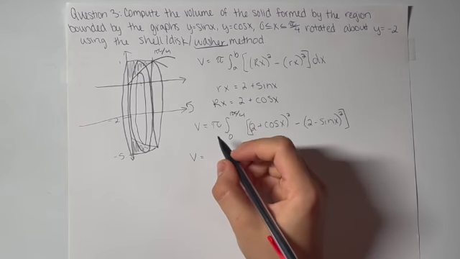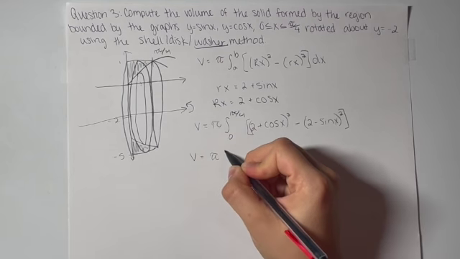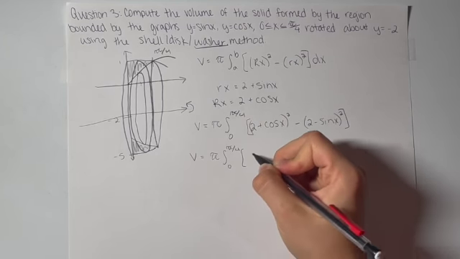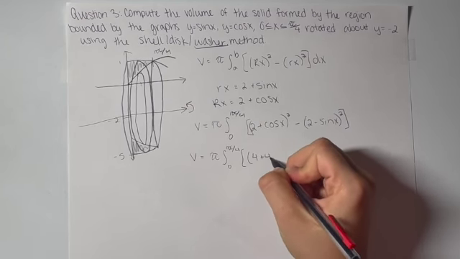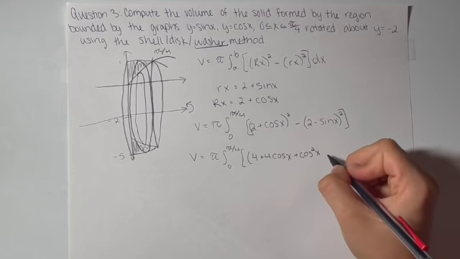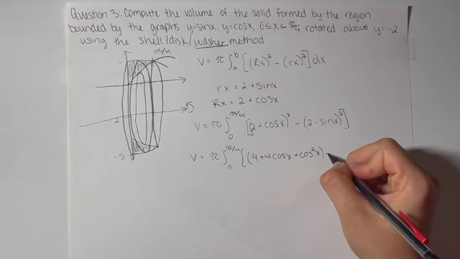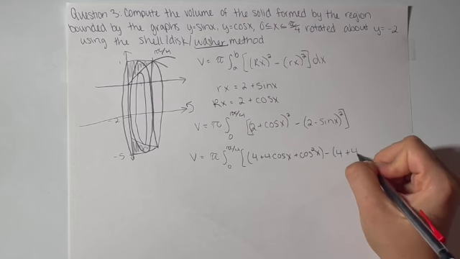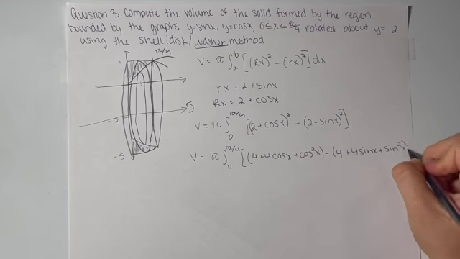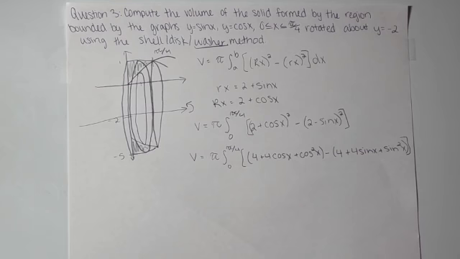V is equal to pi integral from 0 to pi over 4 of 4 plus 4 cosine x plus cosine squared x minus (4 plus 4 sine x plus sine squared x), and we still have our dx.